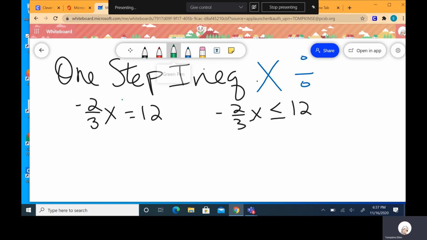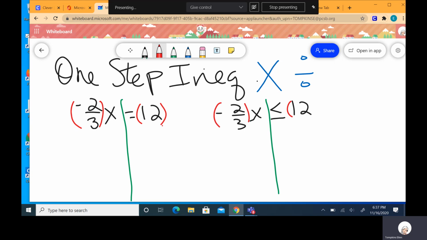So let's put our little wall down, and we know that whatever I do to one side, I have to do to the other. So I need to get that 2/3 off of my x. It needs to be unhooked. So remember, a fraction is a division problem, so the way I'm going to do that is I'm going to multiply on both sides. I may as well set it up over here as well.